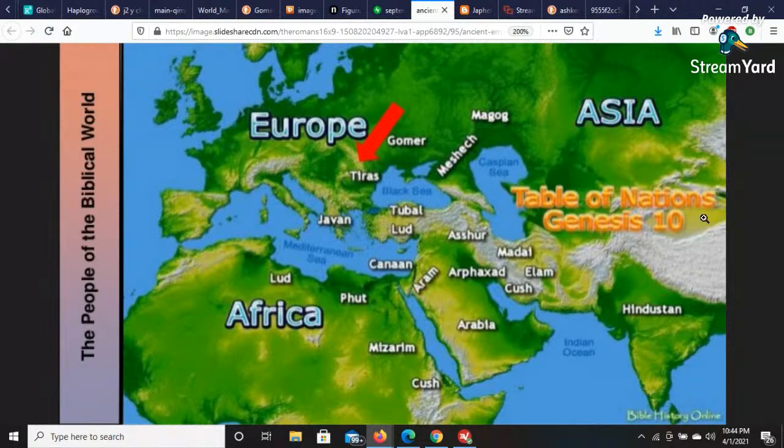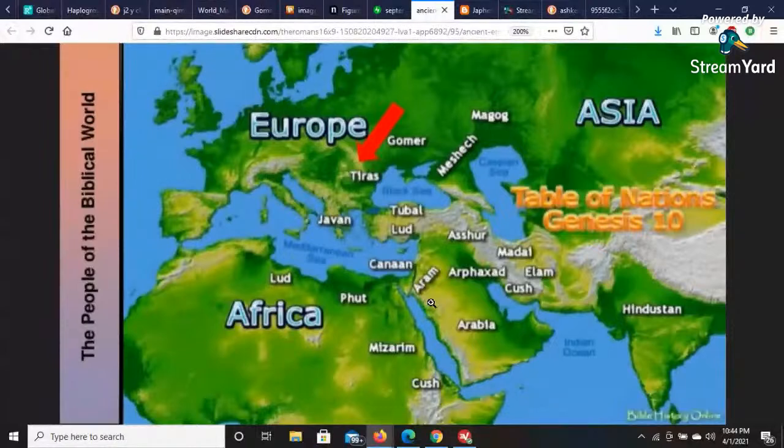And of course, they went up into Tibet, Mongolia, and Japan. And to this day, a third of the population of Japan is descended from Cush with a DY chromosome, the same as the Andamanese. So the Bible is very true.